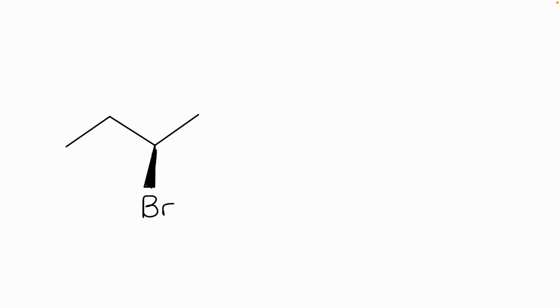Yeah, so 1, 2, 3. My hydrogen's pointing into the page, so I just have my normal rules here, where clockwise gives me the R isomer. Right, so then its mirror image, what we would call its enantiomer, would then be the S stereoisomer.